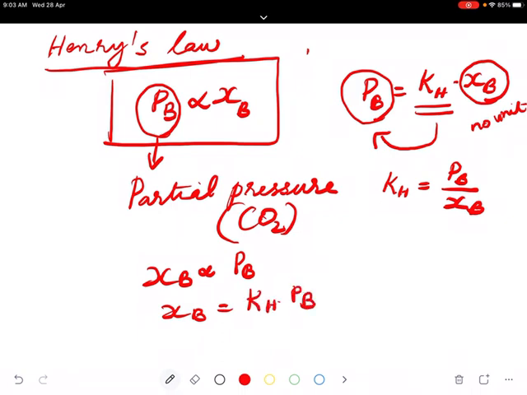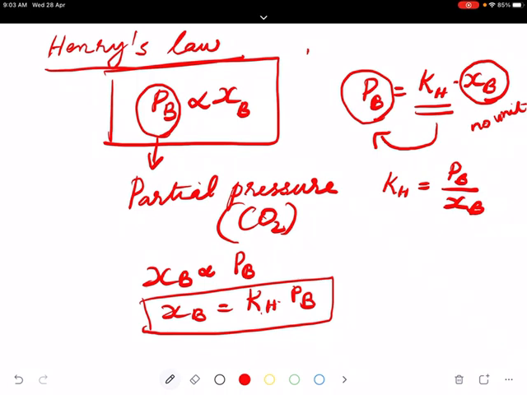But this is not the general form or common form of Henry's law, but this is also correct. So here, what is the unit of KH? That is the inverse of pressure unit.